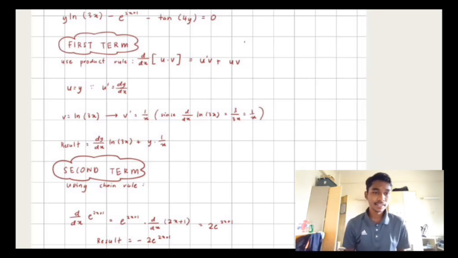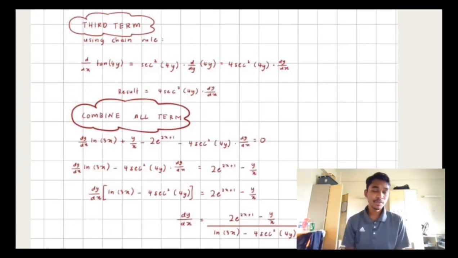We move to the second term, where this time we use the chain rule. So d/dx of e to the power of 2x plus 1 equals e to the power of 2x plus 1 times the differentiation of 2x plus 1. So the result is 2e to the power of 2x plus 1.